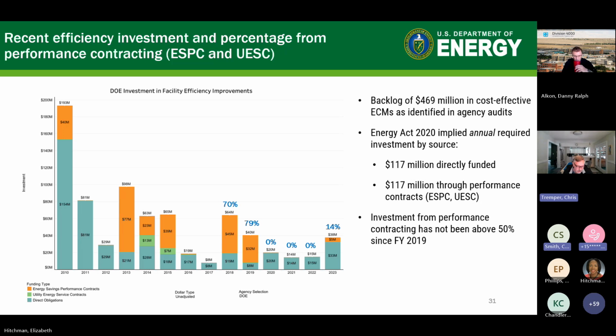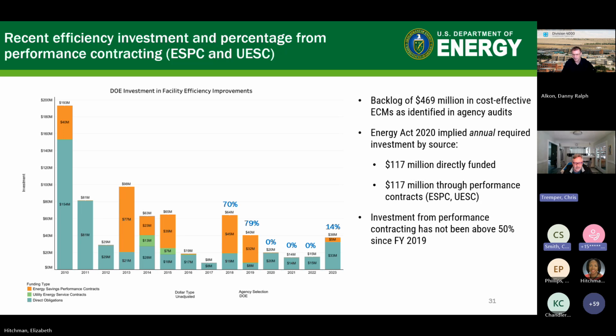In this particular graphic, these dollars are unadjusted, so it reflects the as-spent budgeted amount for these projects. But you can see that in terms of what percentage of these were implemented through performance contracts, last year it was 14%, 2018 it was 70%, 2019 79%. No performance contracts were awarded in those intervening years.